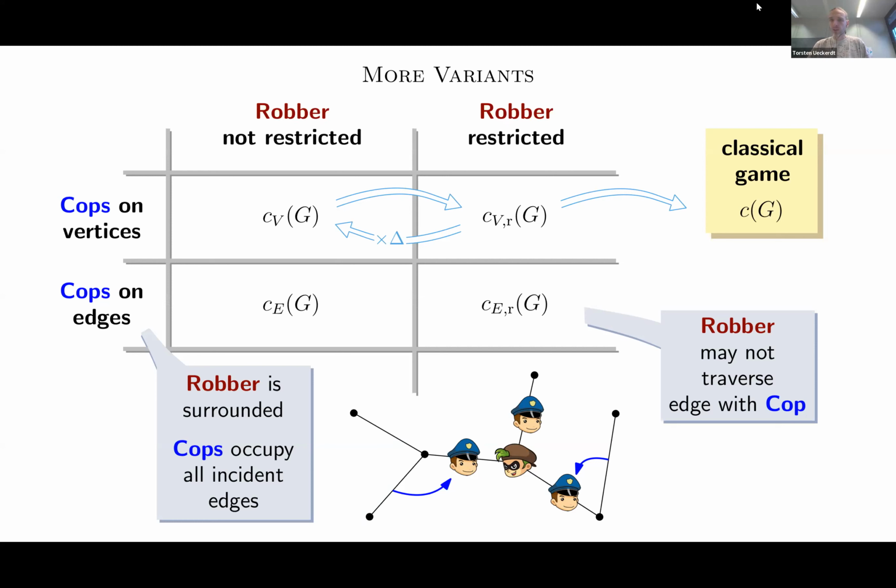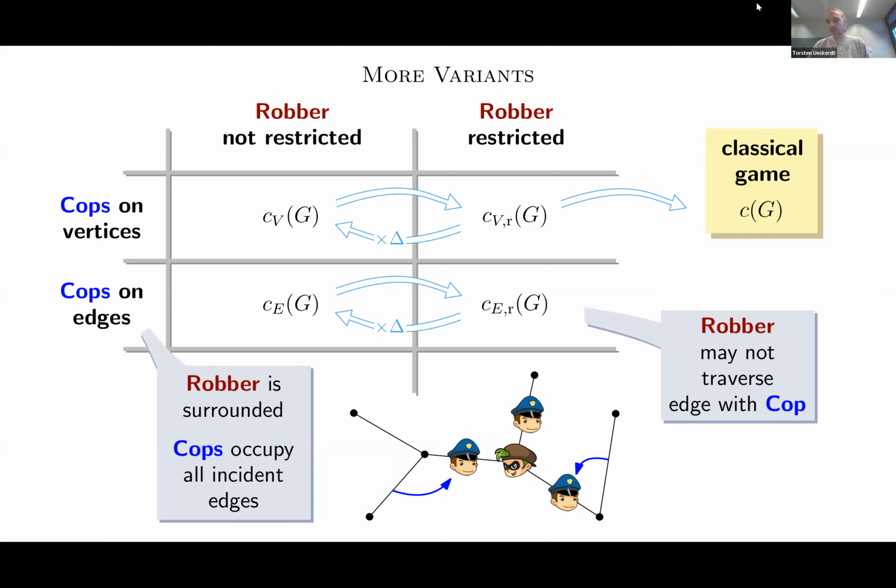It's kind of similar. And then you get the respective cop numbers. So the edge surrounding cop number c_E, and the restricted edge surrounding cop number c_{E,R}. And then you can again do some comparison of these.